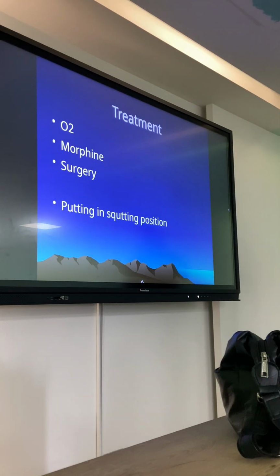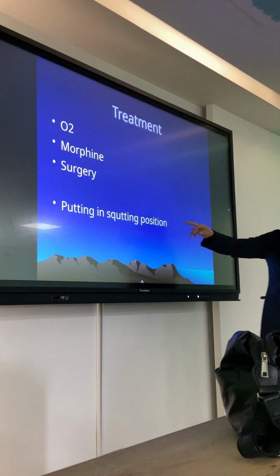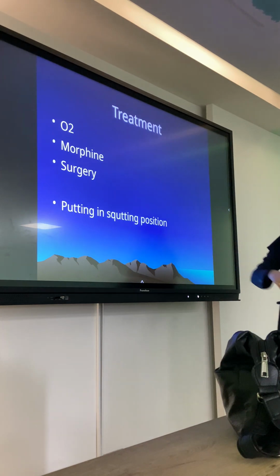The treatment is oxygen because they have hypoxia, morphine for decreasing pressure, and the other treatment is surgery as soon as possible. Surgery is the treatment. Something important is putting the patient in the squatting position.